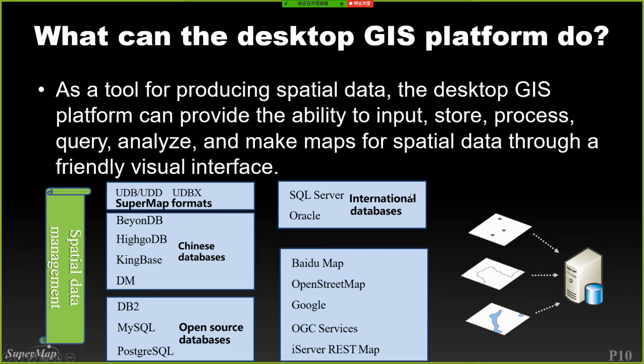Okay, and then spatial data can be stored in the desktop in different ways, not only in the file formats unique to SuperMap, but also in the international database and web map services such as Google Map, the OGC services, and so on.